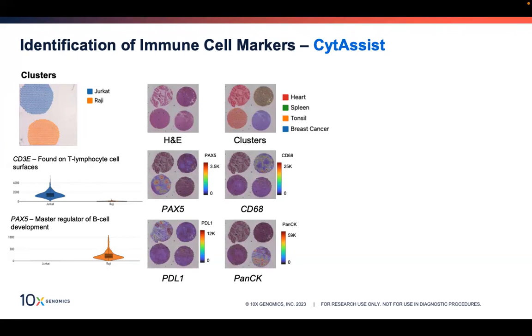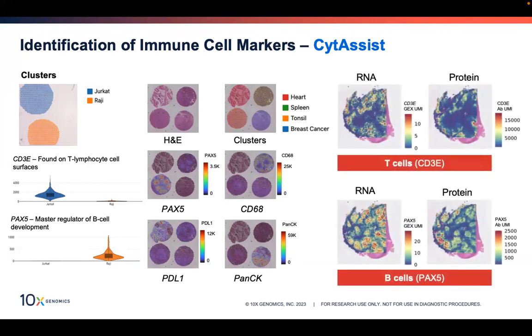On the larger sections that you see on the right here, CD3E is located primarily external to germinal centers, whereas PAX5 is seen both in germinal centers as well as in other parts of the tissue, as would be expected in this particular case. And we're able to accomplish this through the use of this immune cell profiling panel.